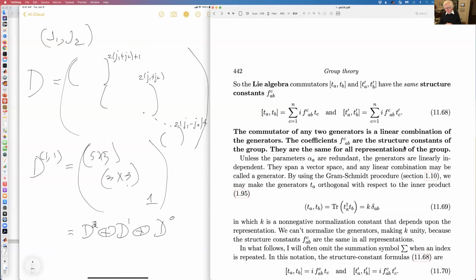On the other hand, the group is also characterized completely by its structure constants, and that's just a finite set of numbers. And they're the same for all representations of the group.